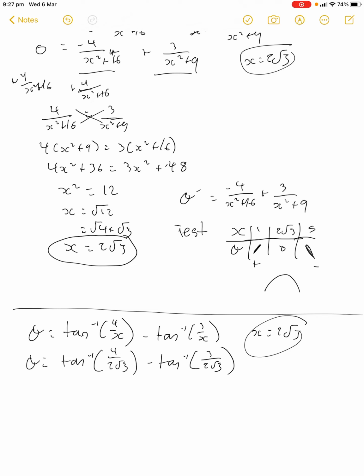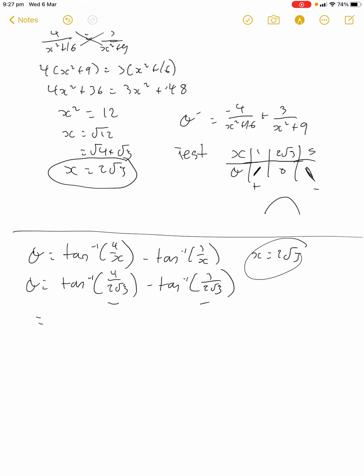Here, I'm going to find a common denominator. I'm going to rationalize the denominator in both of those fractions. It's just going to make the next step after this a little bit easier. I'm going to times it by root 3 over root 3, and this one's the same, root 3 over root 3.